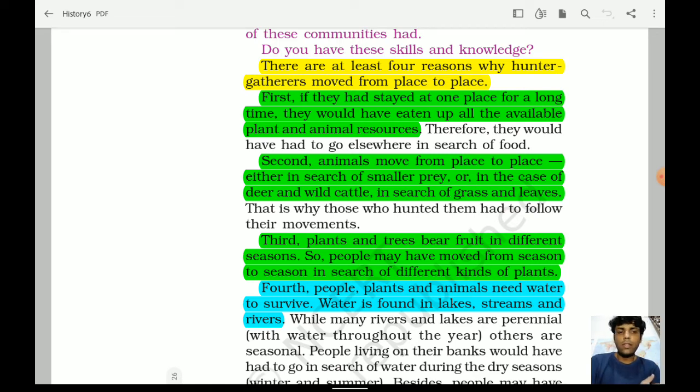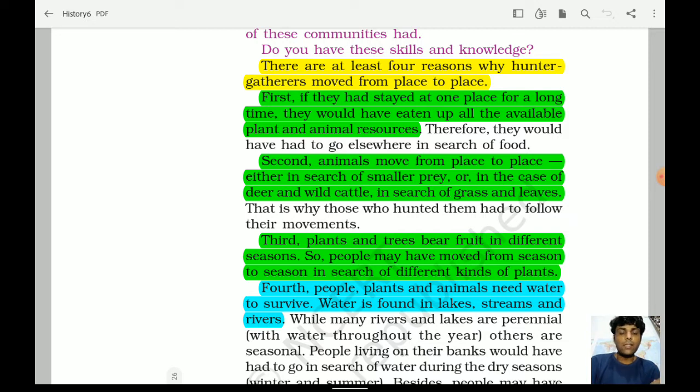So they must have moved from place to place to look for water, whether they could find a lake or any stream where they could settle down, and also according to the availability of animals and plants.